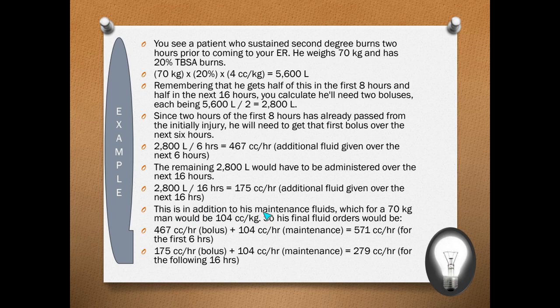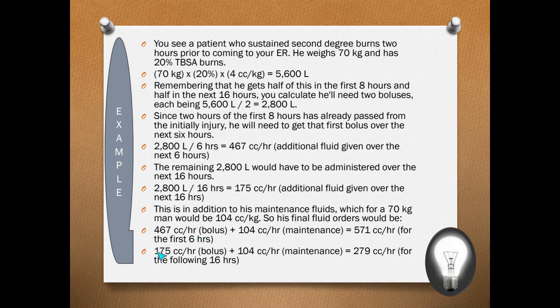This is in addition to his maintenance fluid, which for 70 kg would be 104 cc per hour. So his final orders would be like that. You add the daily requirements, meaning the 467 plus the 104 gives 571 per hour for the first 6 hours.